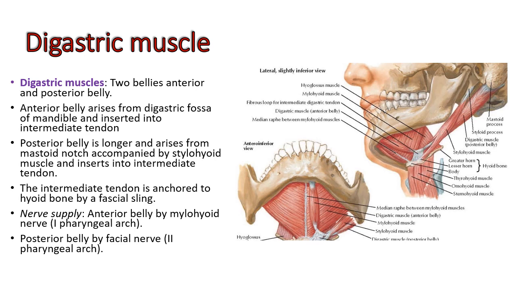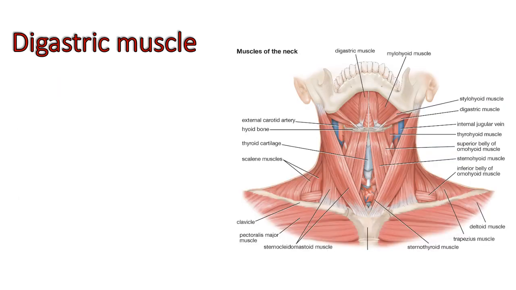Now what is the action of the muscle? The main action of the digastric muscle is that it helps to retract your chin.